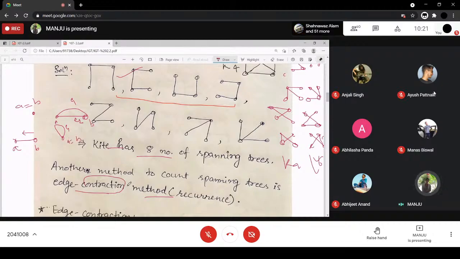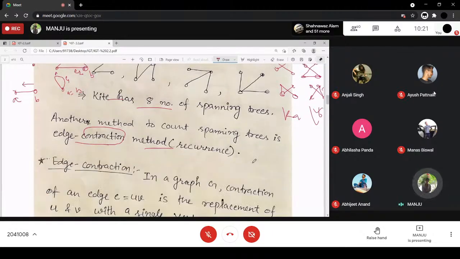So like this, we can count the spanning trees, for example, by edge contraction, but we will form two new graphs by using G. So we will transform G into G minus E. We will choose one edge, which is not a loop, it can be a multi-edge or a simple edge.